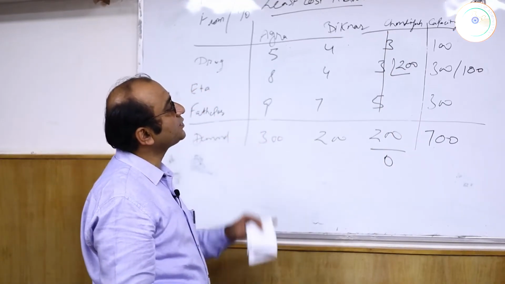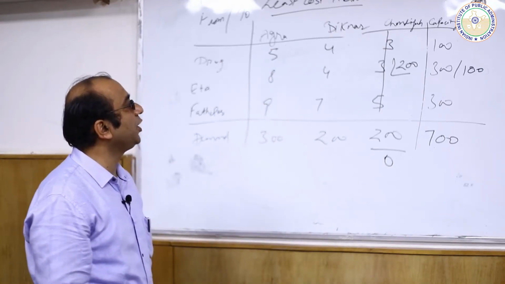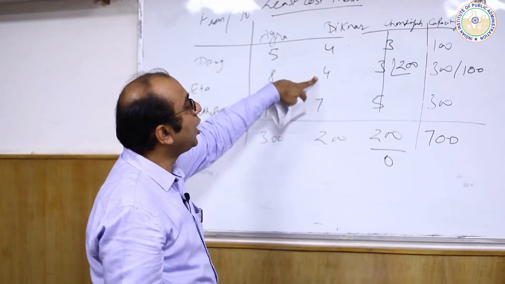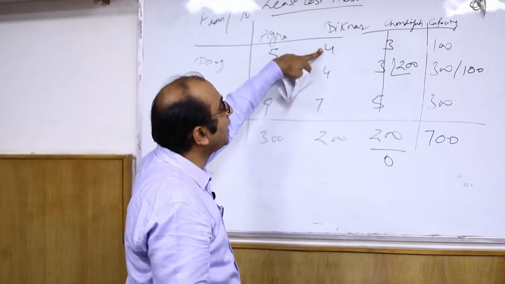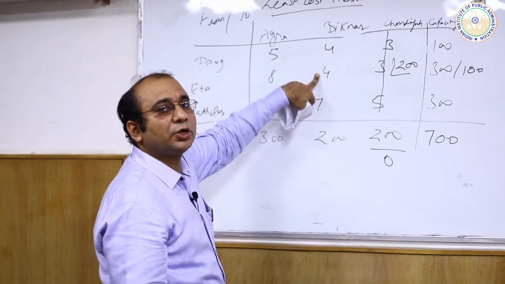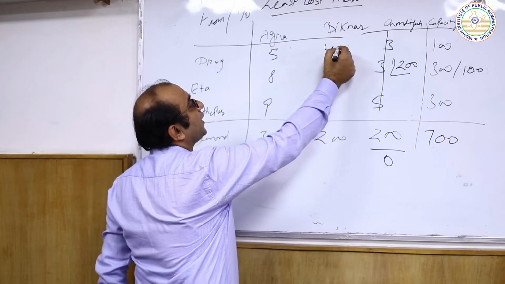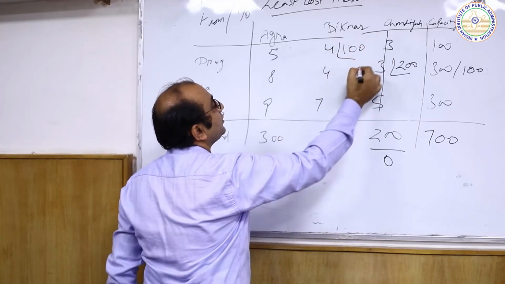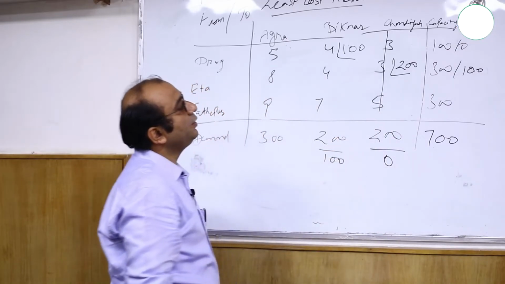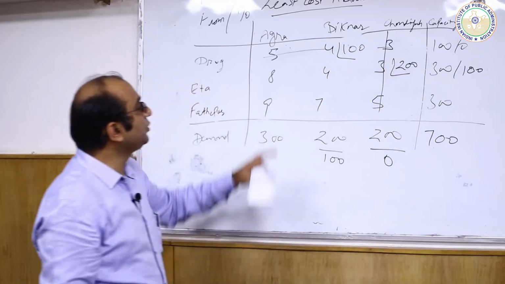Now, we move further and see from the remaining cells what the minimum is. Now, the remaining cells' minimum is 4 and another 4. How much can I transport now? From here I can transport 100, and from here also I can transport only 100. So, it is not going to make much difference; I can choose either. Let us choose the first one. This becomes 0 and 100 is left here, and now if this becomes 0, it is gone from the remaining cells.